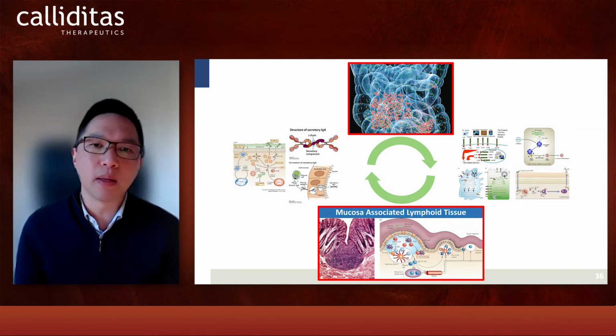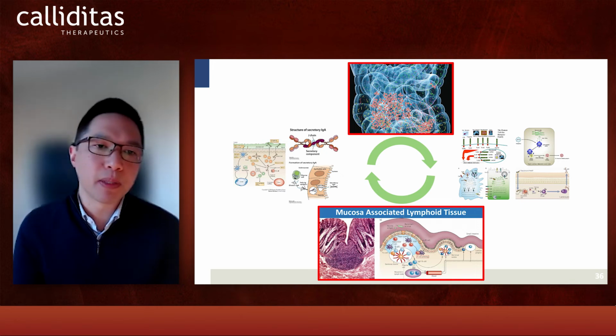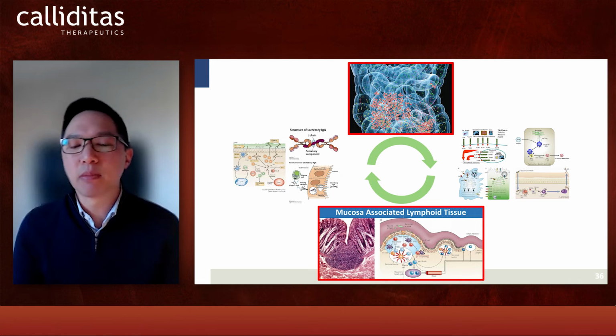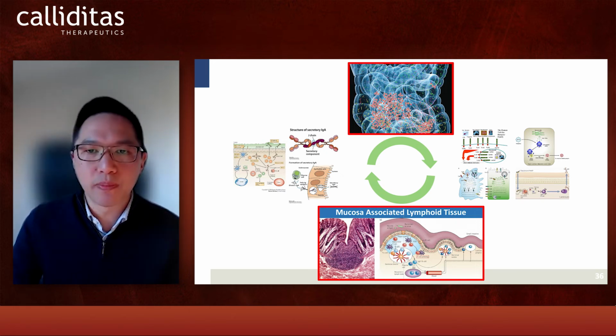So I hope I've shown you that there are subtle interactions between the gut microbiome and the mucosal immune system. And we believe now in IgA nephropathy that this balance has become slightly dysregulated, leading to an immune system that is particularly prone to spilling out this pathogenic mucosal IgA1 into the circulation.